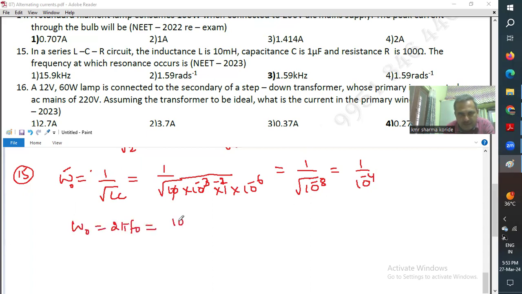This can also be written as 10,000. So f naught is equal to 10,000 by 2 pi. So it is 6.28. If you simplify, this is going to be 1590. So this can also be written as 1.59 kilohertz.